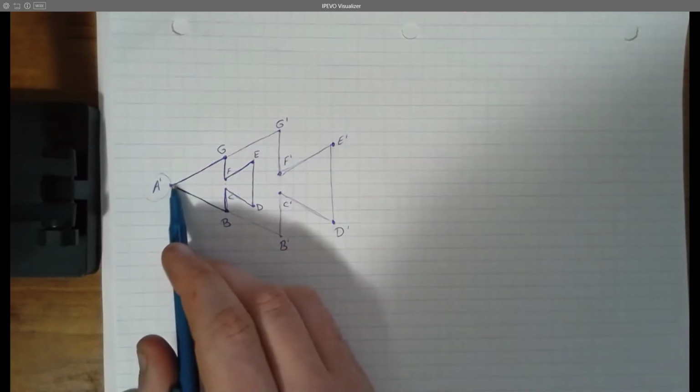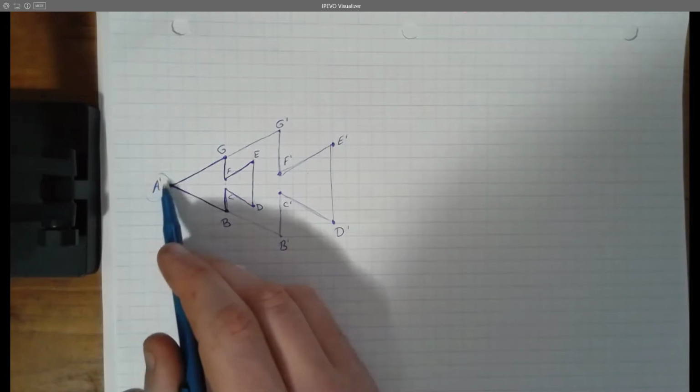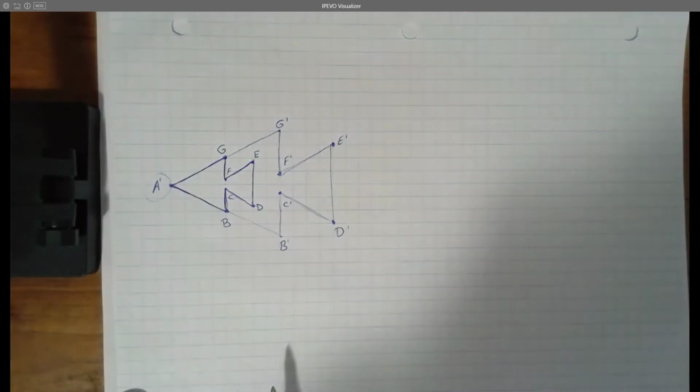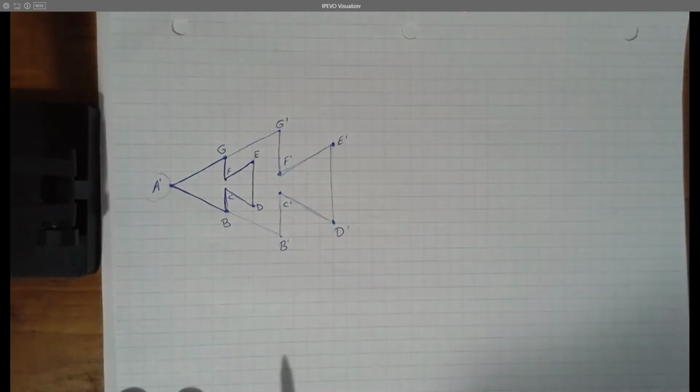Actually, this point acts as both A with a line and regular A, because they overlap. It's an enlargement from that particular spot. We're going to be talking about those sorts of questions a little bit later on. How do we figure out where something is enlarged or reduced from? But for now, don't worry too much about that.